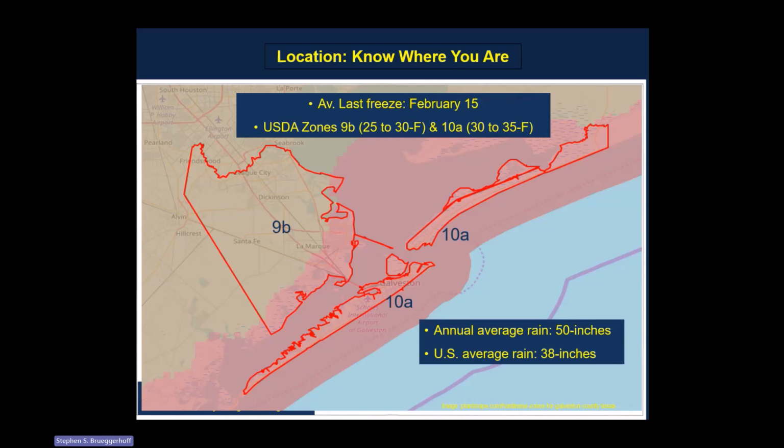If you're on the island, Bolivar Peninsula, or maybe you're in San Leon or another bay cliff or another area closer to the water, you've now been allocated to zone 10A, which is about 30 to 35 degrees Fahrenheit.